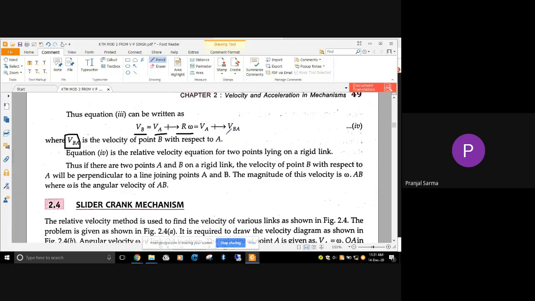R omega is nothing but the velocity of B with respect to A. So VBA is read as velocity of B with respect to A. As A and B both are not fixed points, it is the relative velocity.